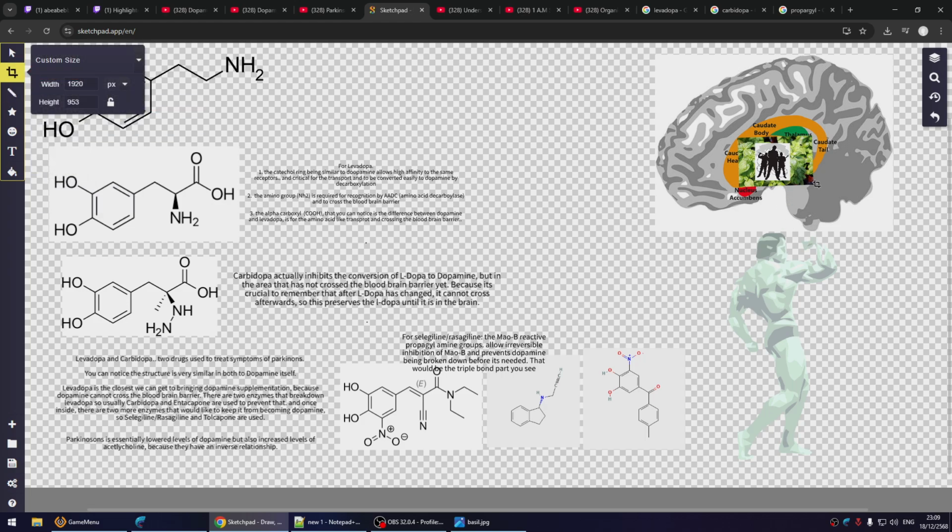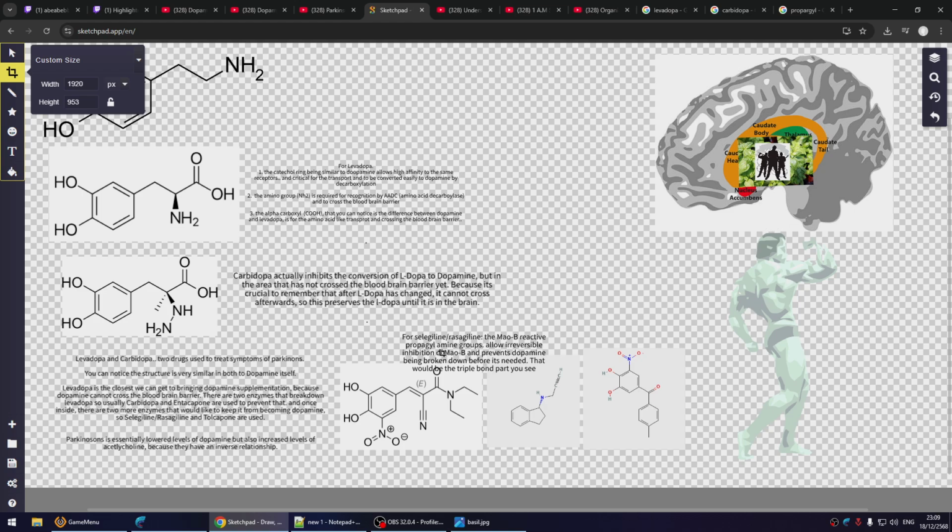So it needs to cross the blood-brain barrier. There's the barrier. Carbidopa and entacapone act as enforcers for levodopa to get inside the brain. But also when you're there, there are two more enzymes that would also like to break it down.